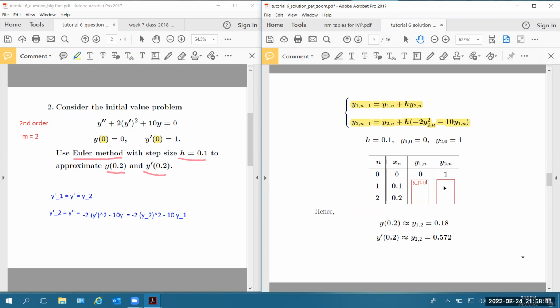The n here is 1 because you see your n in the same row. Your next one is called y subscript 1, n, and your n here is 2. And then here, this is my y subscript 2, class, do you know what is the n here? 2.